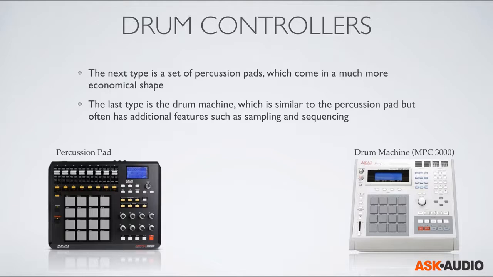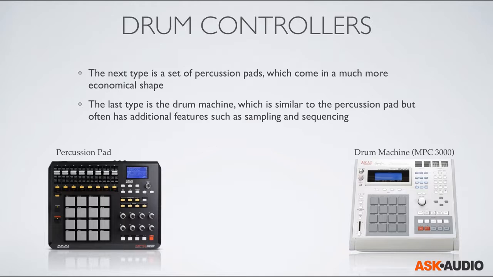There were drum machines that had drum pads on it before the MPC. But Akai also made the drum machine on the right-hand side, which is the MPC 3000, a classic drum machine. Now, the difference between the percussion pads and the drum machine on the right is the drum machine actually has the ability to sample and have sounds internally. So the one on the left is just a controller.